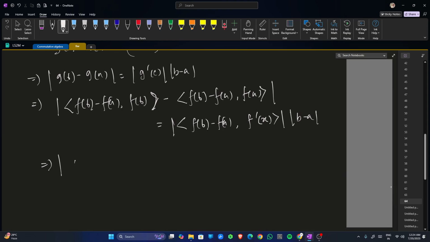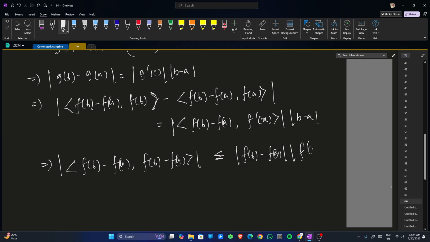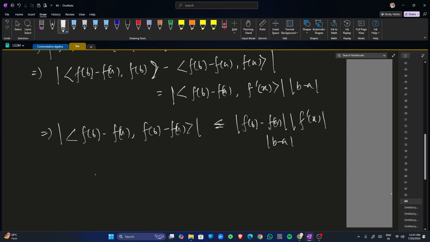By the property of inner product, the norm of f(b) minus f(a), whole square, is less than or equal to the norm of f(b) minus f(a) times the norm of f prime(x) times (b minus a).